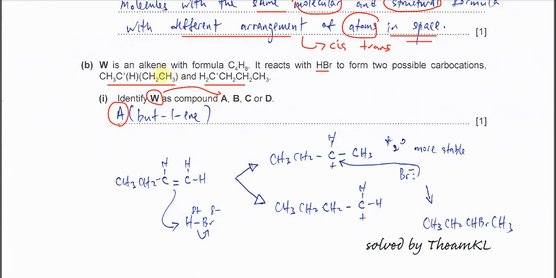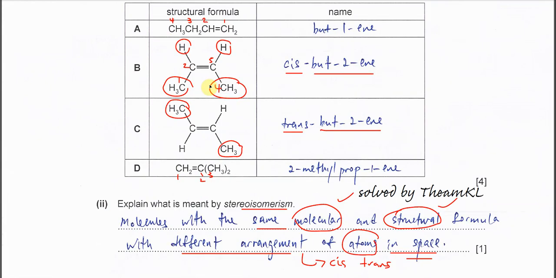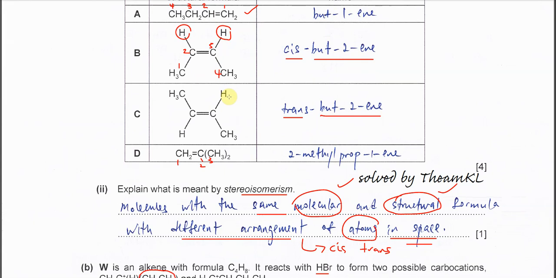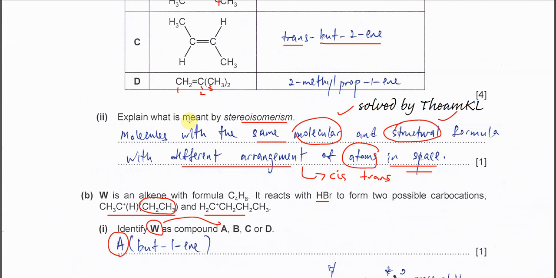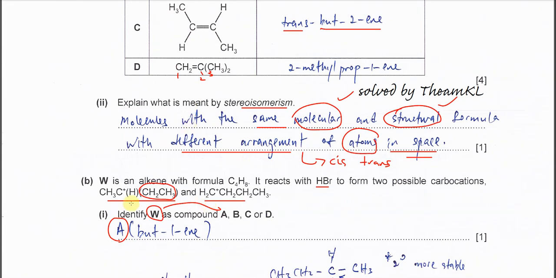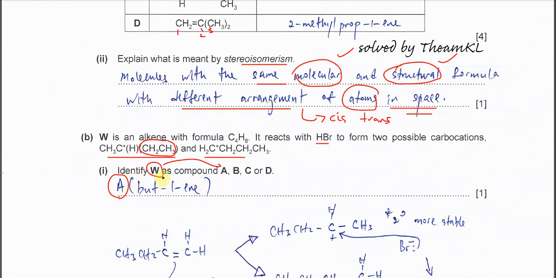Because in this carbocation you can see an ethyl group. Among these compounds A, B, C, D, the B, C, D actually have no ethyl in there. Just A has an ethyl group here. That's why we are quite sure the compound W is A. So therefore you just put A.